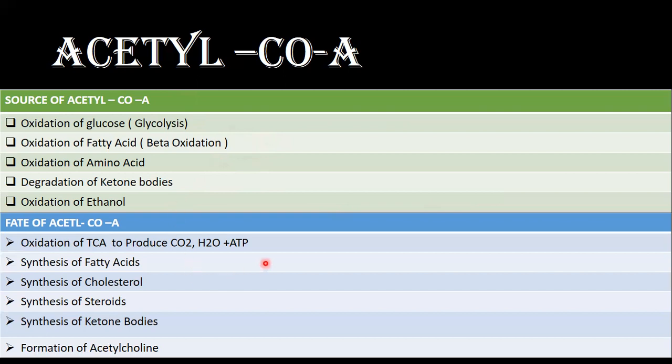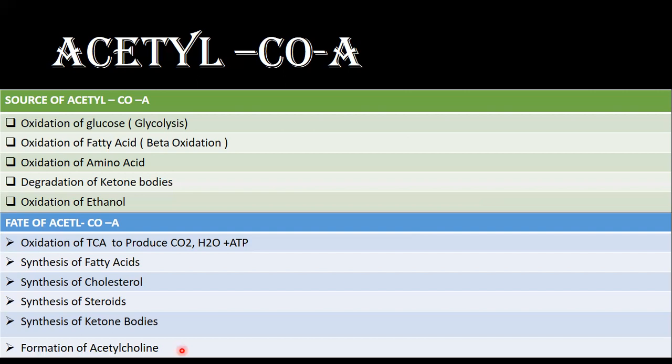Then what are the fates of acetyl-CoA? The fate is oxidation in the TCA cycle to produce carbon dioxide, water and ATP; synthesis of fatty acid in the fed state, when the person is eating; synthesis of cholesterol; synthesis of ketone bodies in starvation, when the person is not eating; then formation of acetylcholine.